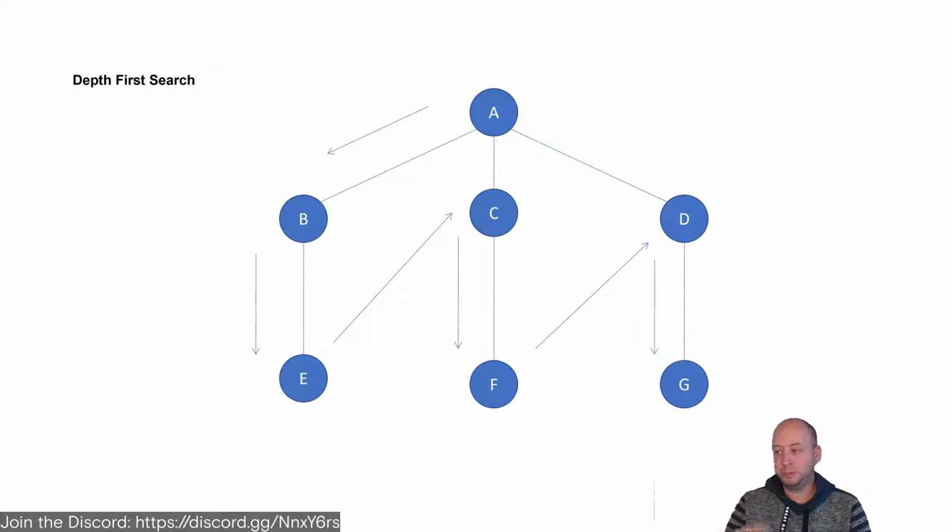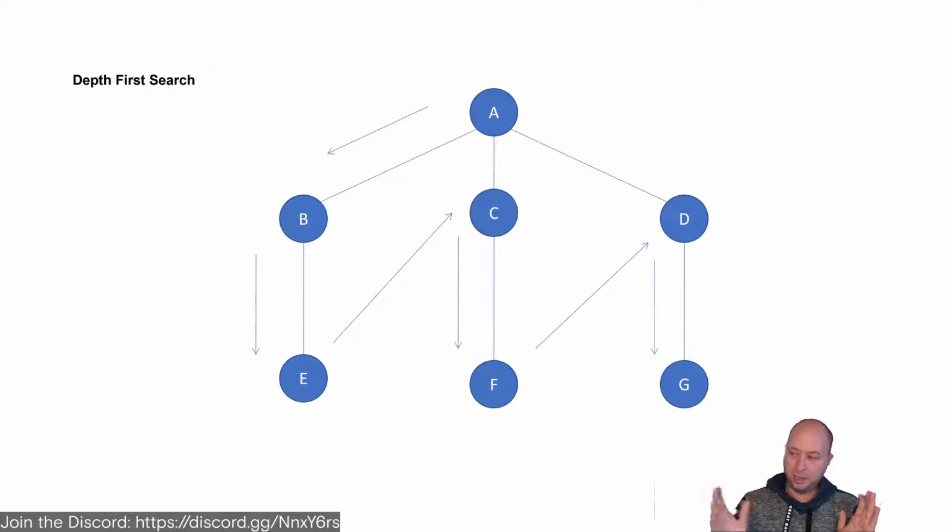So for example, if B was connected to A in this case, because with a graph we can have that cycle, B would add E and A. But as we go through the algorithm, we'd come across A and we'd say, oh, A has already been visited, skip. We won't do A again. So in that sense, we can turn this into a tree.